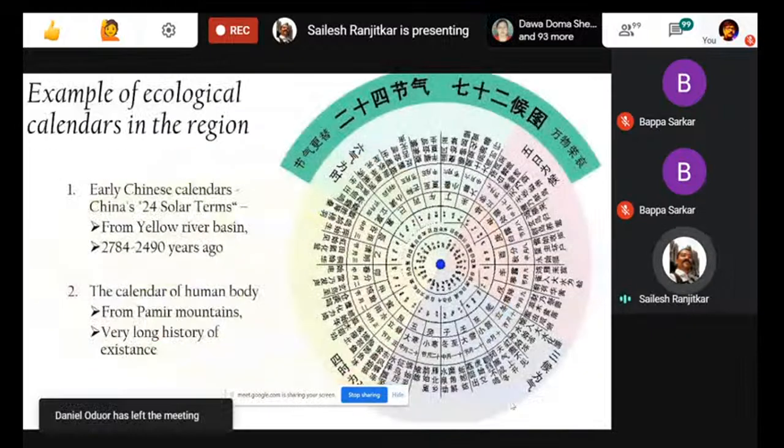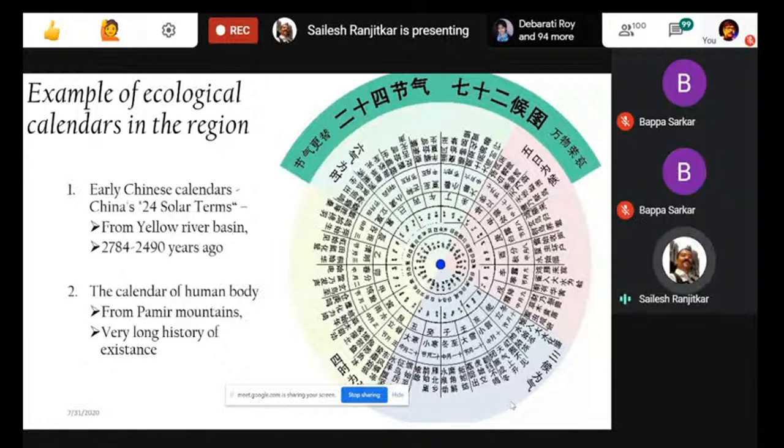So examples of ecological calendar in the region. If we try to dig into when these kinds of calendars came into existence, we'll find something like 5,000 years ago in the eastern part of China.